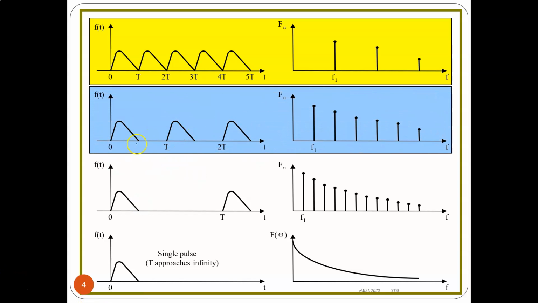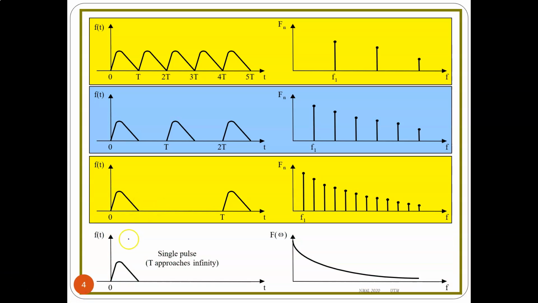And then this is another signal. If the duration of the signal is increased and it transforms to the frequency domain, the lines in the spectrum become closer. So as the duration increases, they become closer and closer, as in the third picture here.